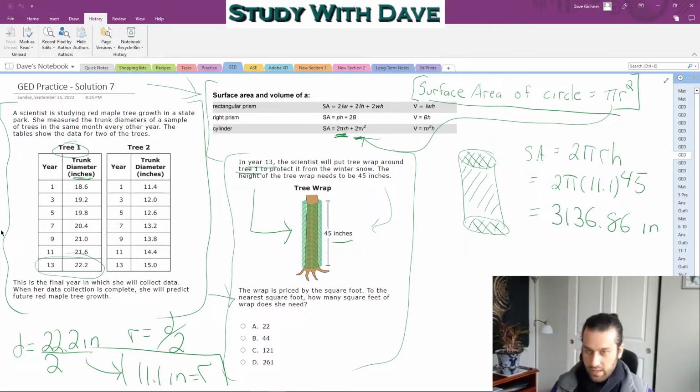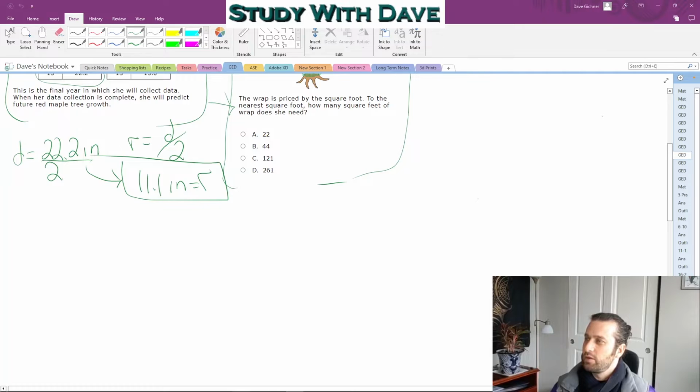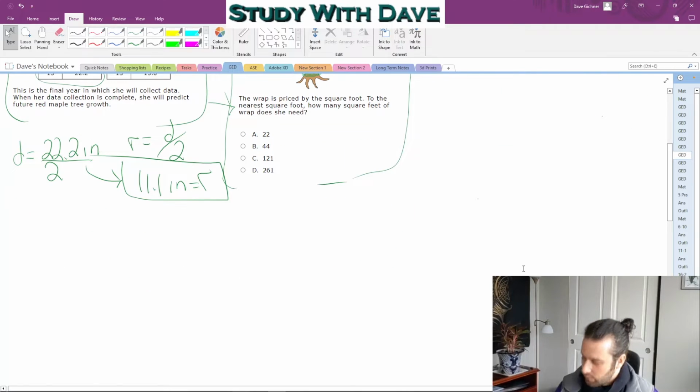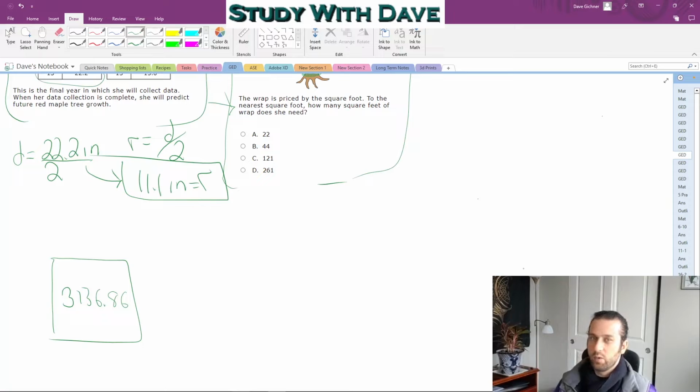So how do we do that? Well, let's look at it like this. And it stumped me the first time, I'm not going to lie. So let me show you how I ended up figuring this one out. So this 3136.86, that's the area of what we're looking for, but this is in inches.